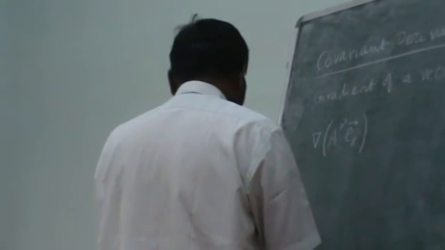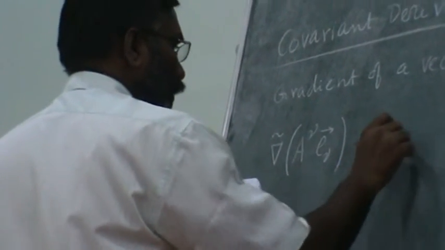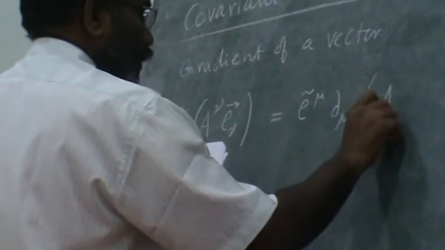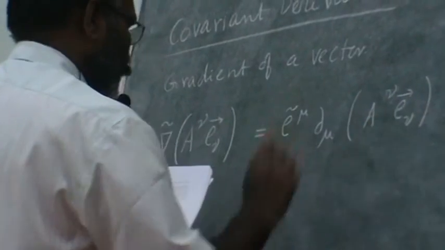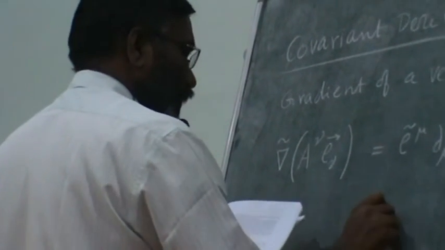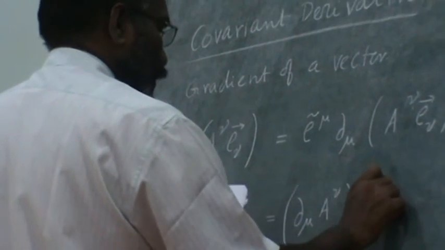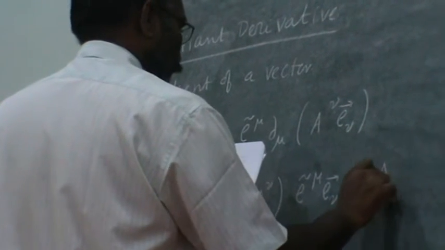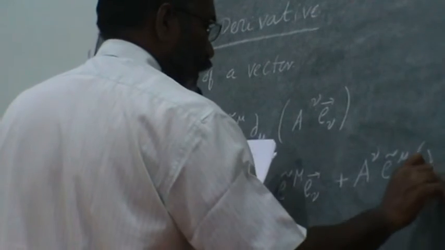This gradient is a one-form. So del can be written in this fashion: del_mu A^nu into e_nu plus A^nu into del_mu e_nu.